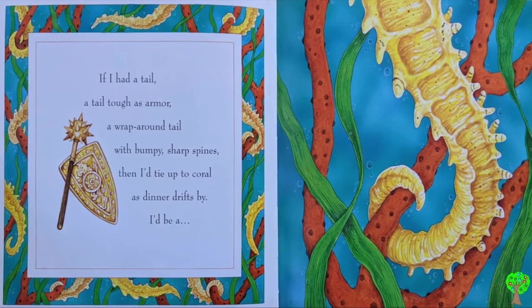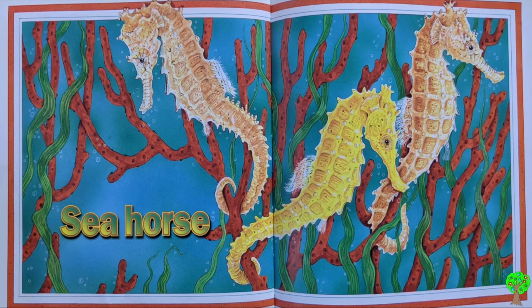If I had a tail tough as armor, a wraparound tail with spunky sharp spines, then I'd tie up to coral as dinner drifts by. I'd be a seahorse.